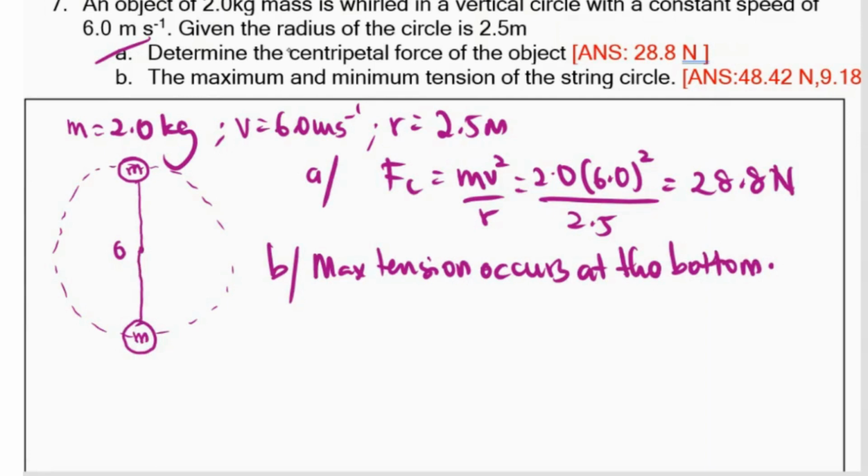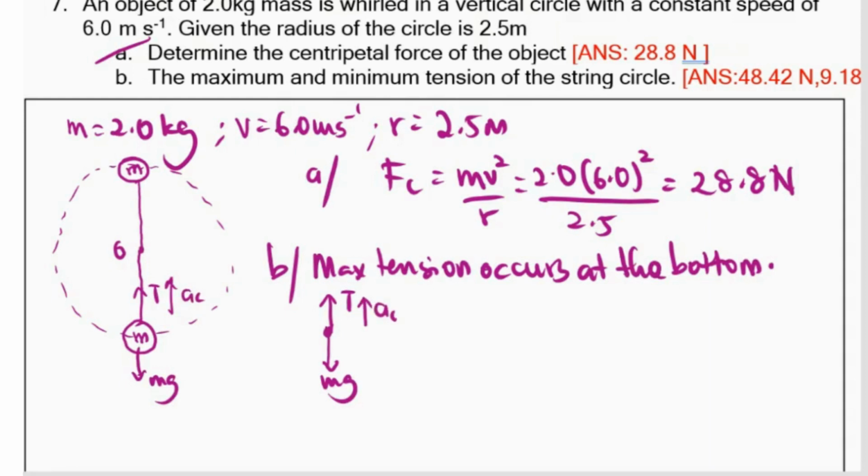Therefore at the bottom of the circle, you draw the free body diagram. At the bottom you have weight pointing down and the tension pointing up. So this is tension and this is weight. Since it's at the bottom, you are seeing the center up above you, so AC is upward.